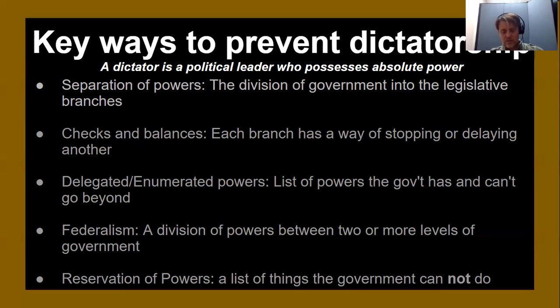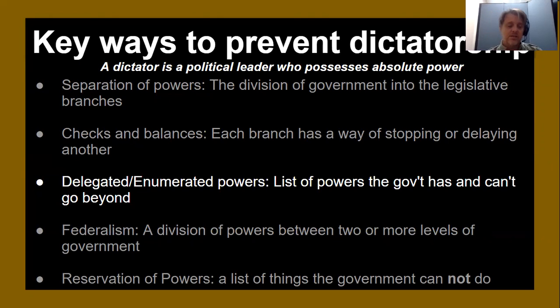So some of the ways that they were trying to work through that is through a separation of powers, meaning different parts of government have different powers. They don't have overlapping or similar powers or the same powers. Checks and balances, meaning each branch could block the other. Delegated powers, that's a list of things that the government can do.